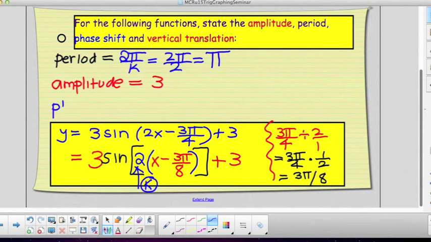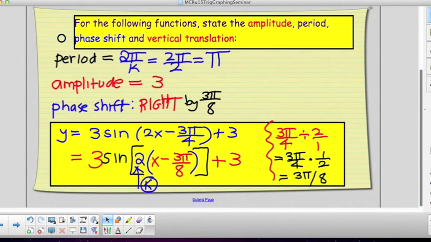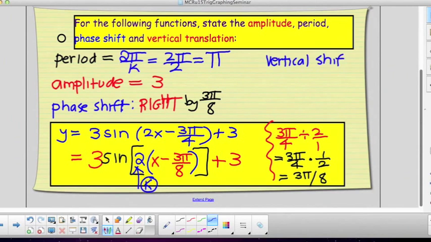Your phase shift is actually in the direction right by 3 pi over 8 units. And your vertical shift is going to be 3 units up.